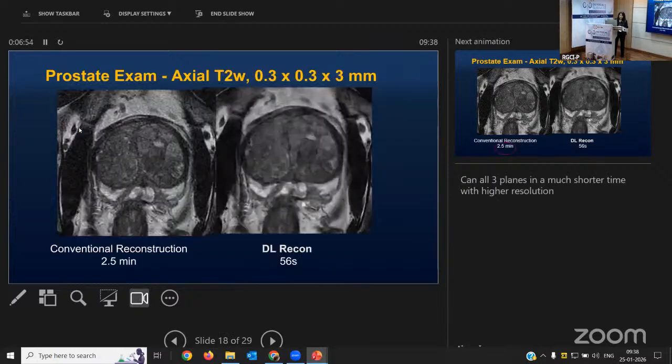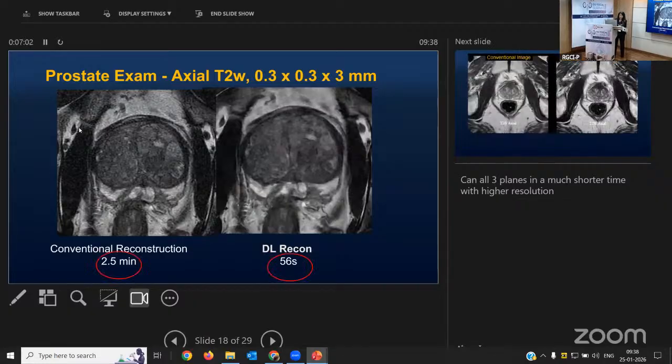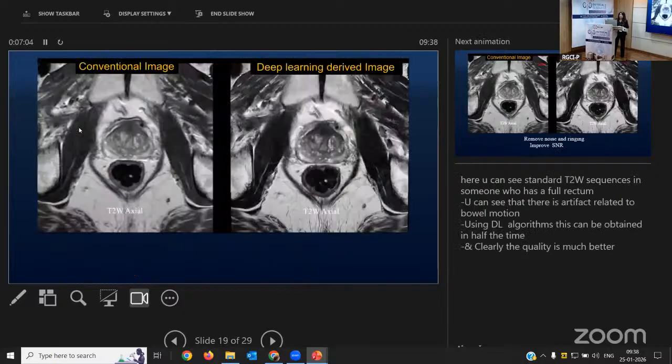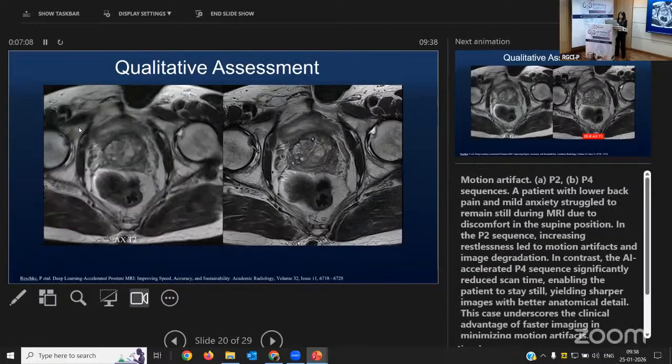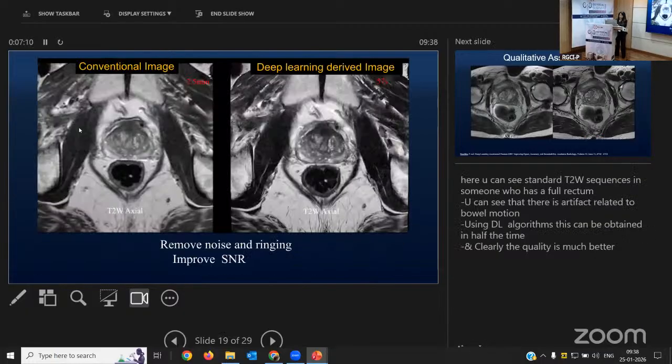I won't spend much time except to show you that the conventional T2 image on the left and the image on the right, which took half the time, look very comparable. With the rectal gas and motion you have, using deep learning, it's really quite impressive what you can get out of that.